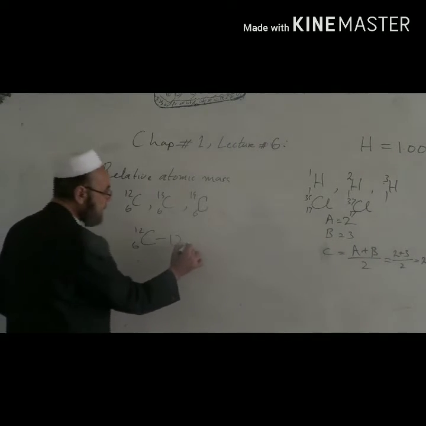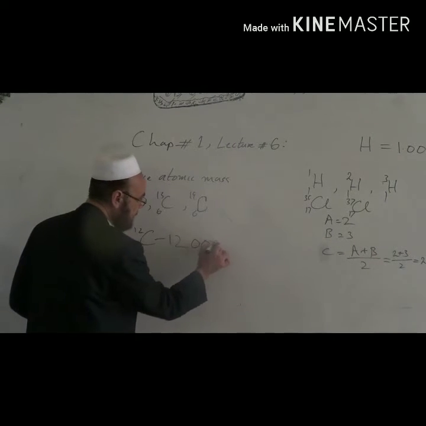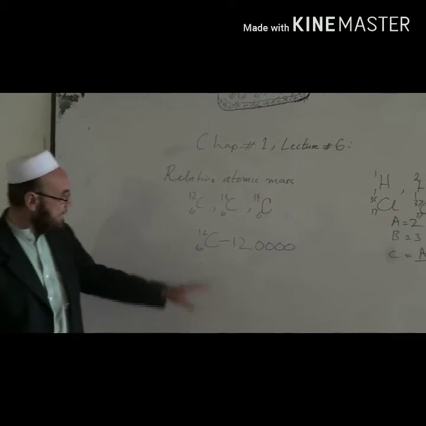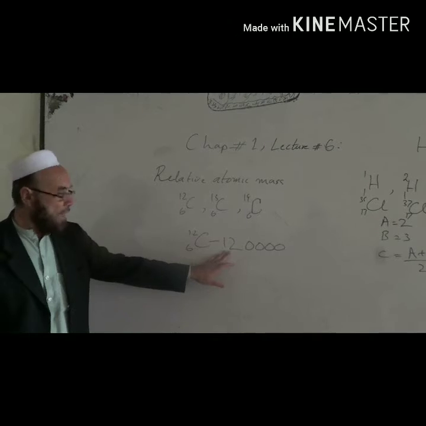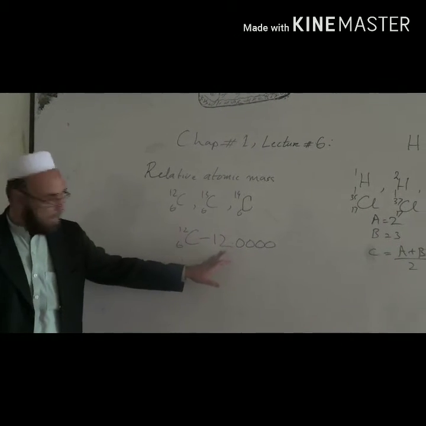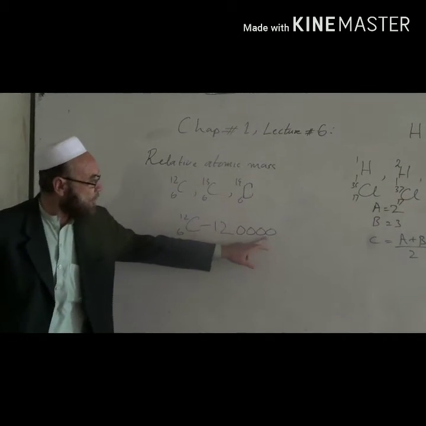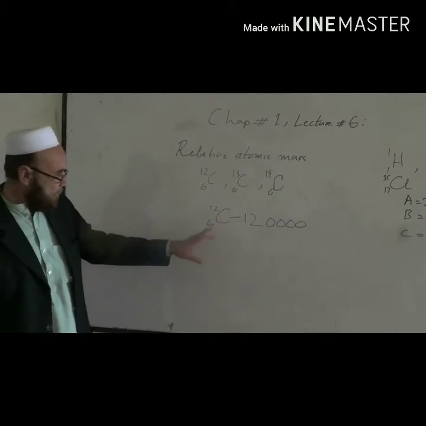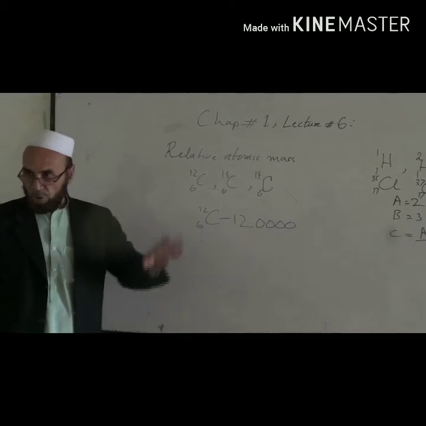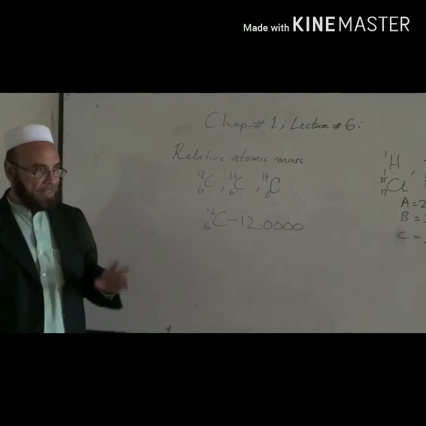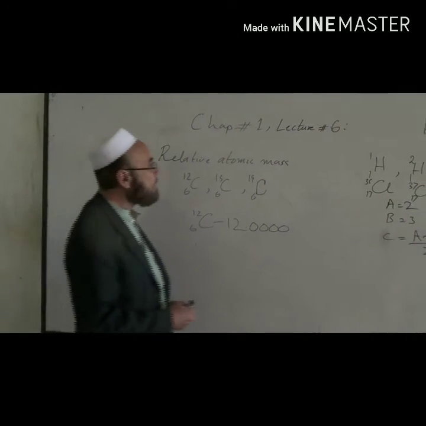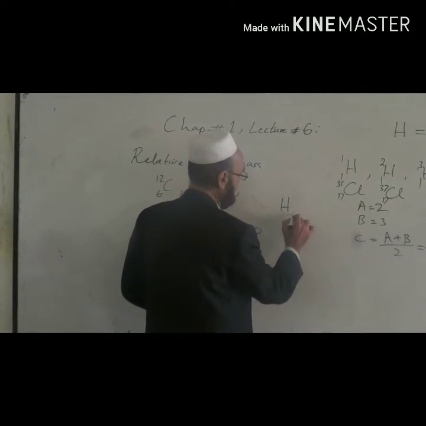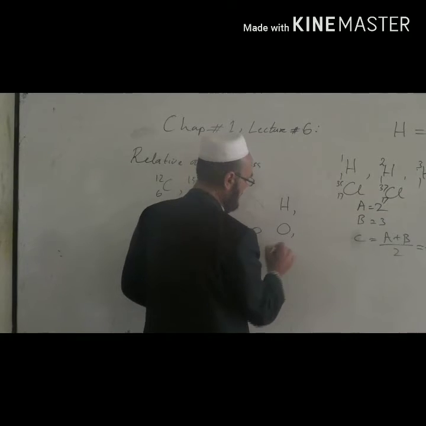What is meant by 12? 12.000. Only in case of carbon 12 do we have an exact 12. That means there is no other fraction after the decimal point. In the 1960s, scientists had used atomic hydrogen as a standard, then oxygen as a standard.